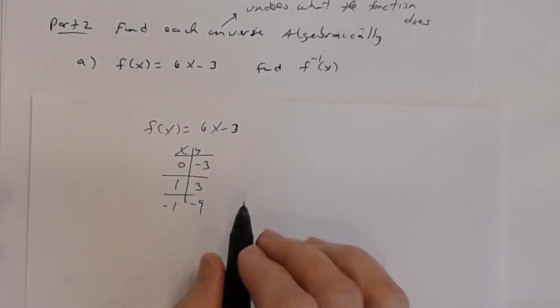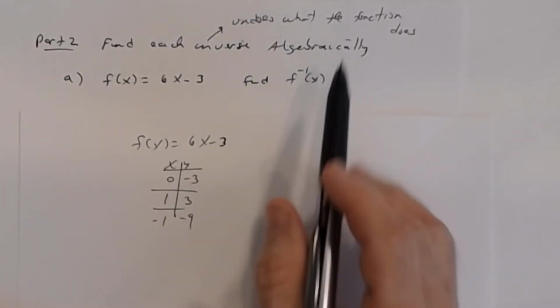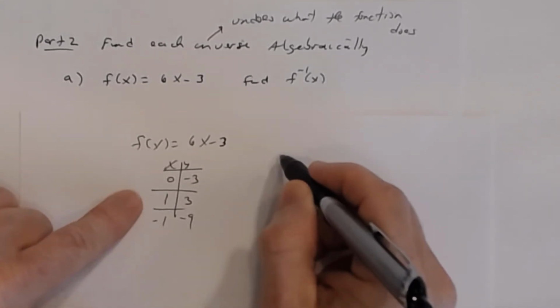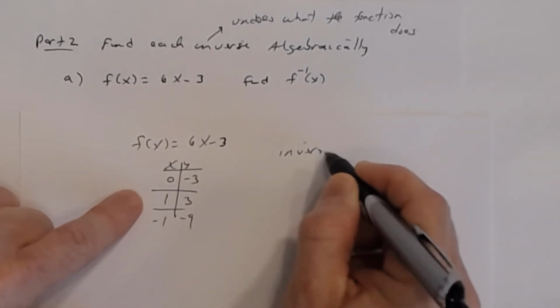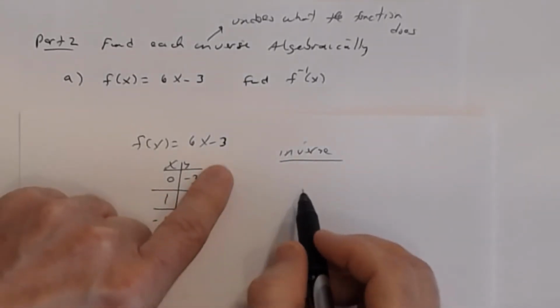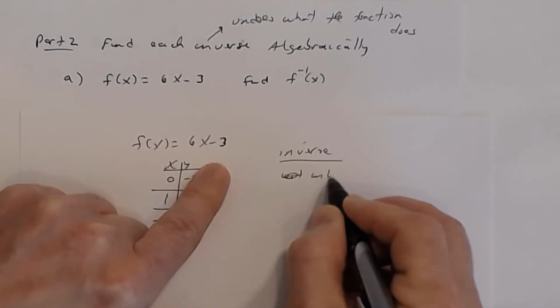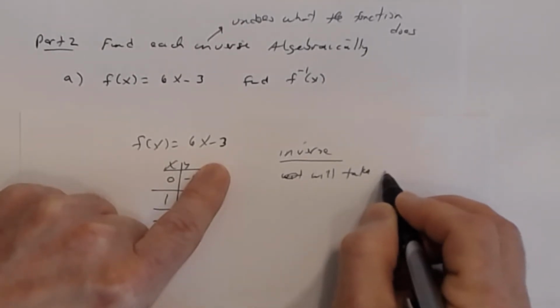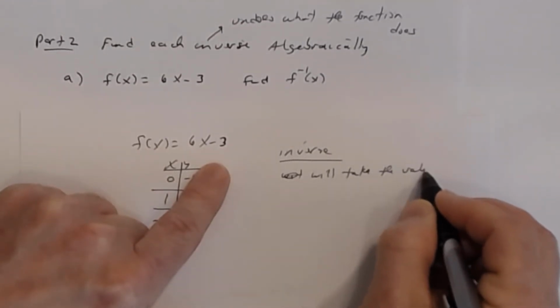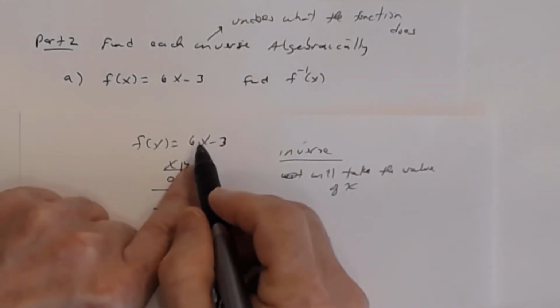And you can continue on. But the intent here is for you to understand what we mean by undoing. So the inverse basically does this. So the inverse, I'm going to write it in words. The inverse will take the value of x. All right, the inverse, you do the opposite. So listen carefully.